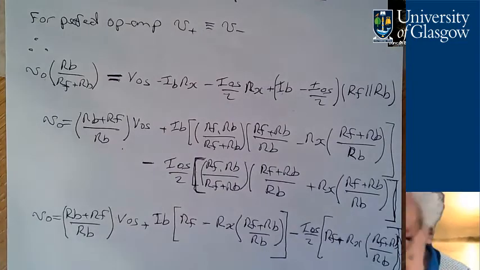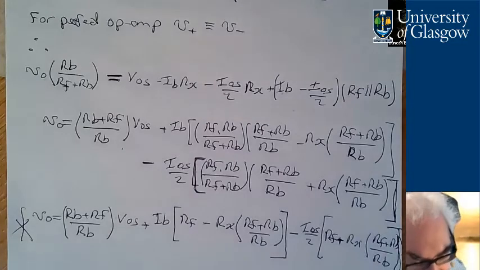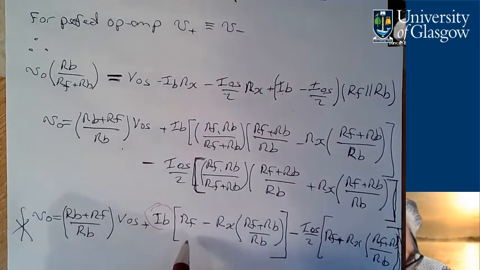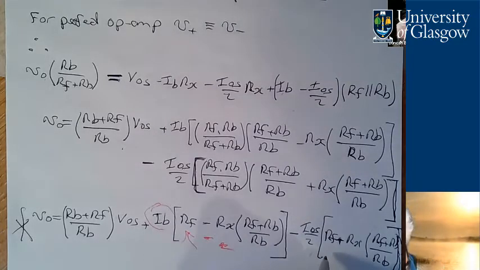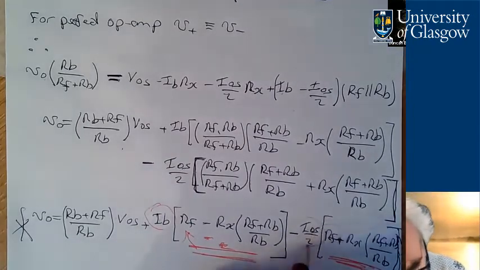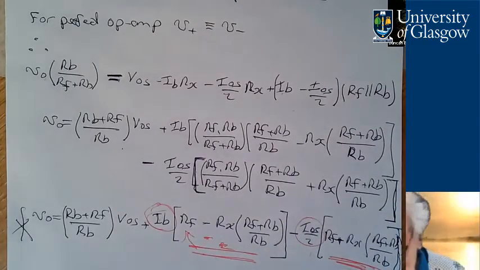Okay, so a bit of a squeeze there. So that is our final term here. The important thing that you note is that we have an IB term with RF minus Rx, and an RF plus Rx here. If you look back in your notes, you'll discover that that's the way that we express it in the notes, and it becomes clear from that what the calculation is.